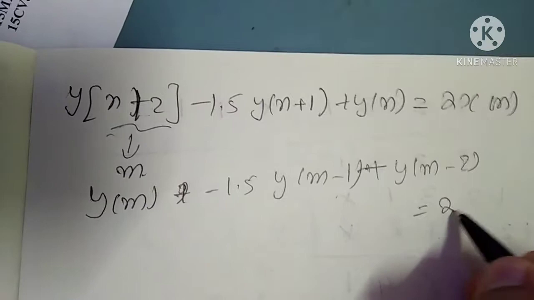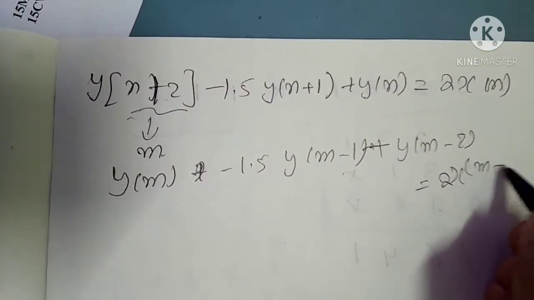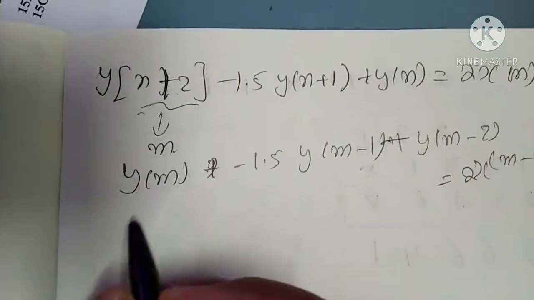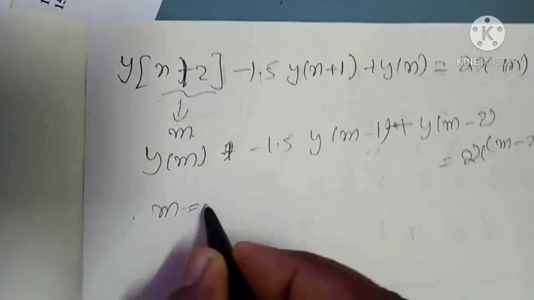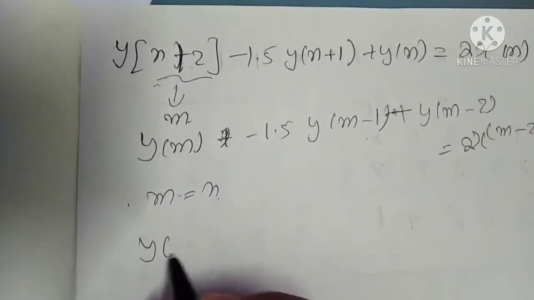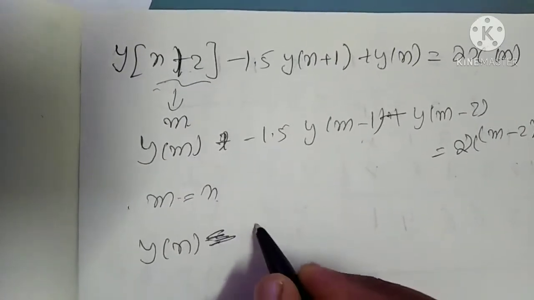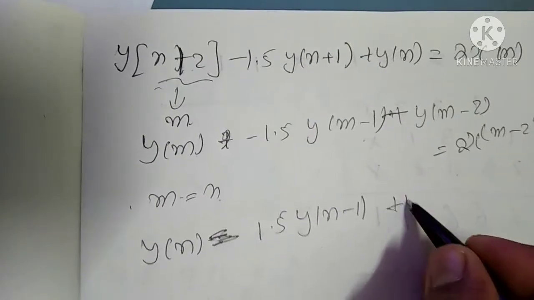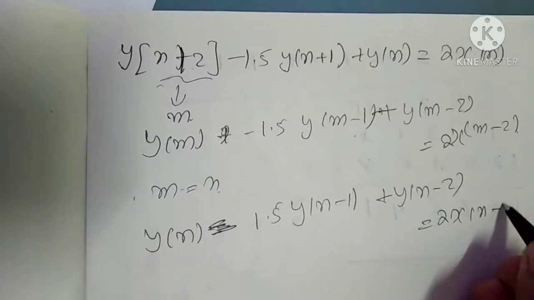This equals 2 times x of, here n is there, we will take it as m minus 2. So in order to make it easy, let us once again replace m by n. So wherever m is there, I will replace it by n. You can take m also. y of n minus 1.5 y of n minus 1 plus y of n minus 2 equal to 2 into x of n minus 2.